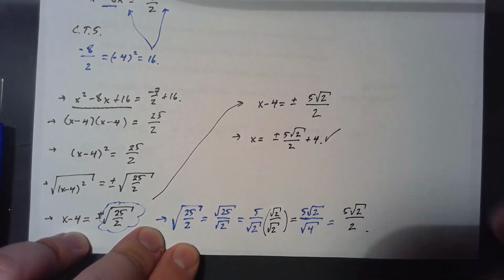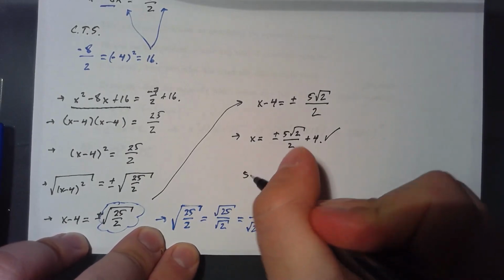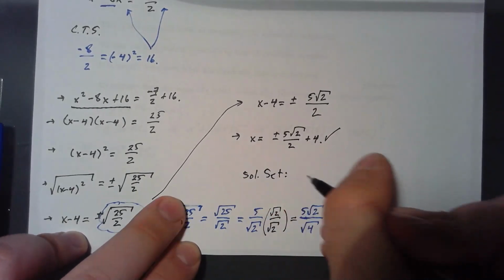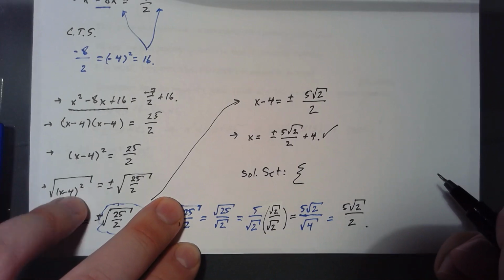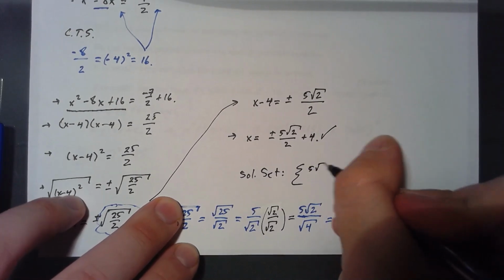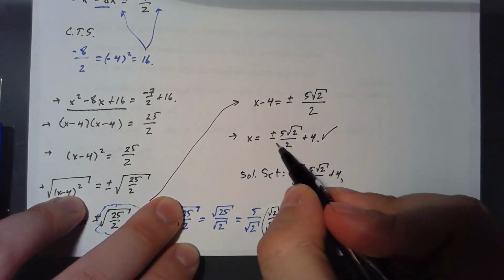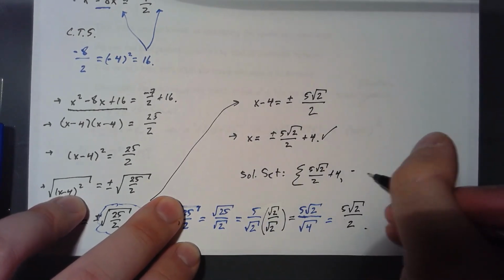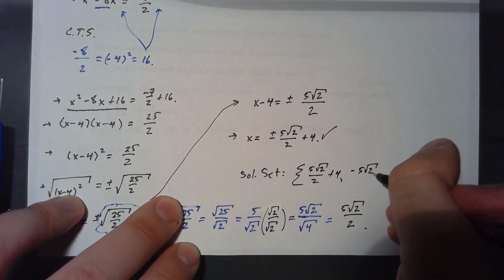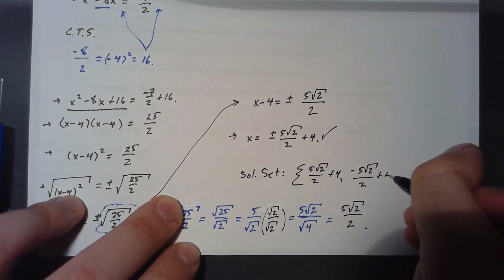And there she is. So my solution set, the solutions, are 5 root 2 over 2 plus 4, comma, negative 5 root 2 all over 2 plus 4.